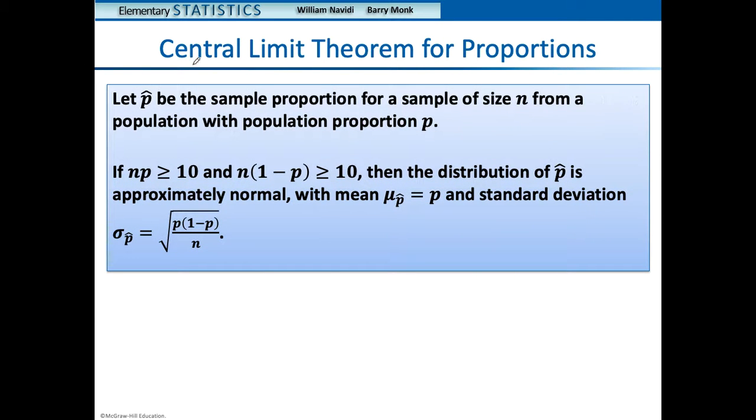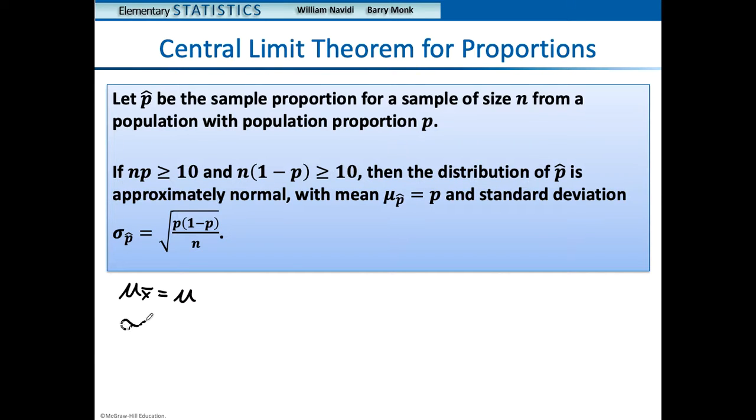So compare this to what we covered in the previous section. In that section, we treated the sample mean as a random variable, and we came up with a similar theorem, which we also called the central limit theorem, in that case for means. And in that case, the mean of the sampling distribution was equal to the population mean, right?